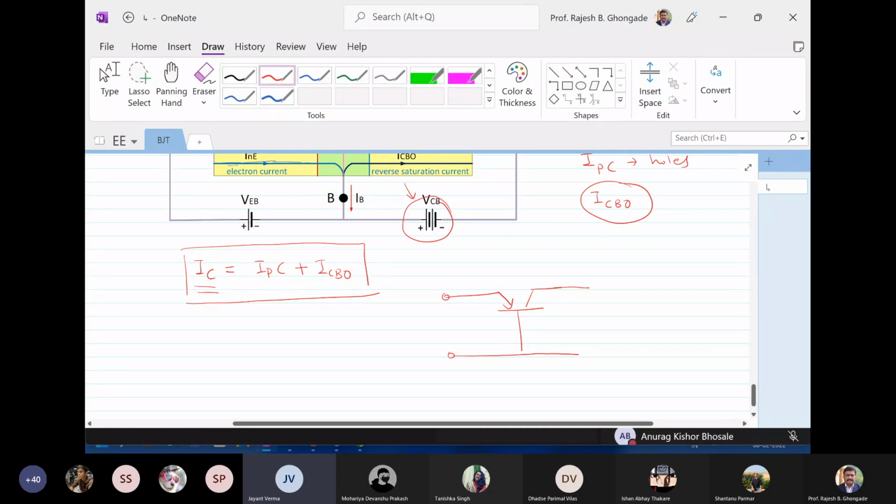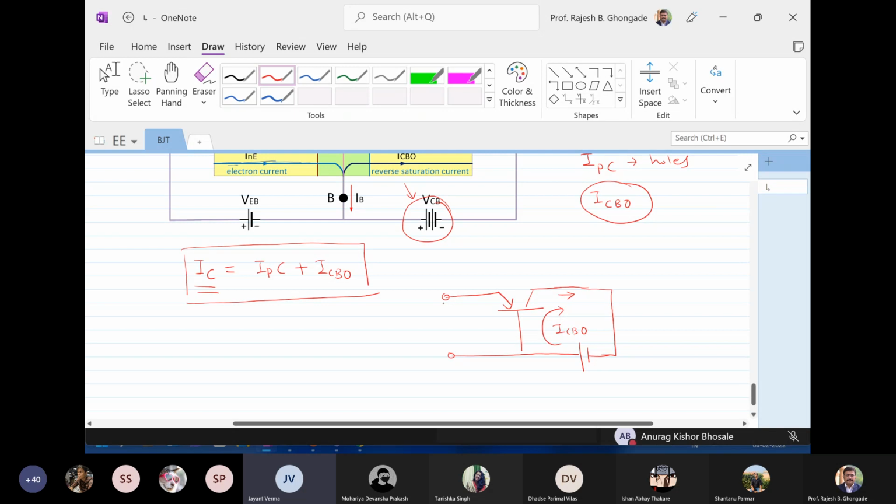If I reverse bias this junction, the collector current that flows is your ICBO. But look at an important thing here, what is the difference? This is open. So what is the definition of ICBO?